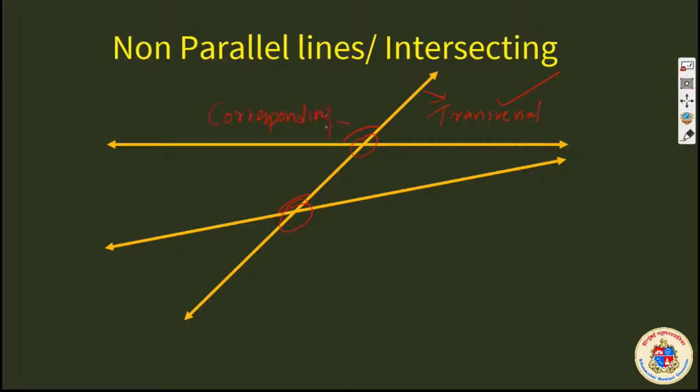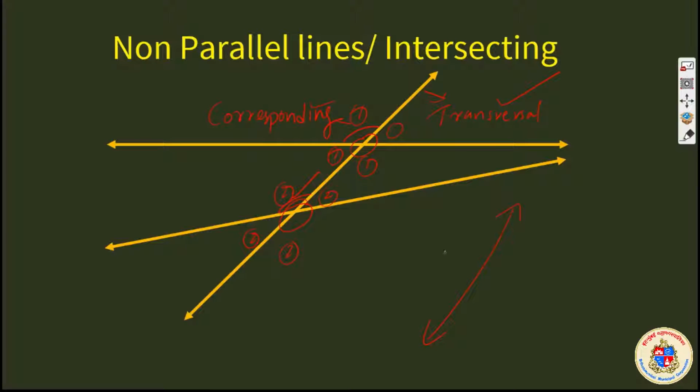We named them as corresponding angles on the same side of the transversal. This is a transversal, these were on the same side. These are corresponding angles, one here, two here. This again, one here, two here, one here, two here, one here, two here, the same position on the same side.